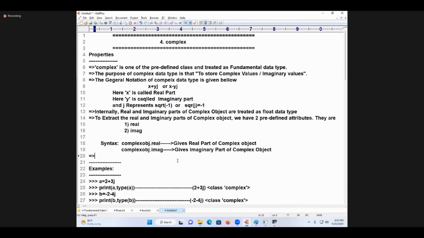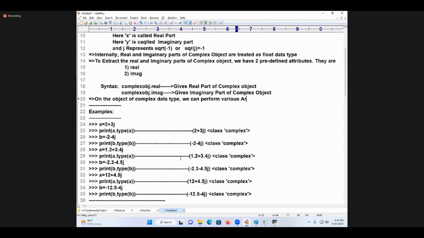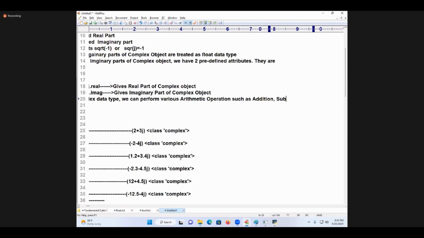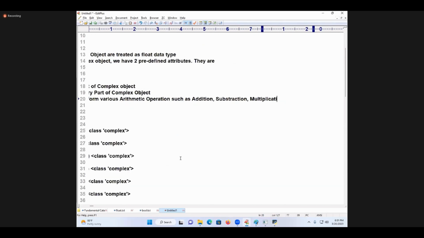So I am writing: on the object of complex data type, we can perform various arithmetic operations such as addition, subtraction, multiplication, division, etc.